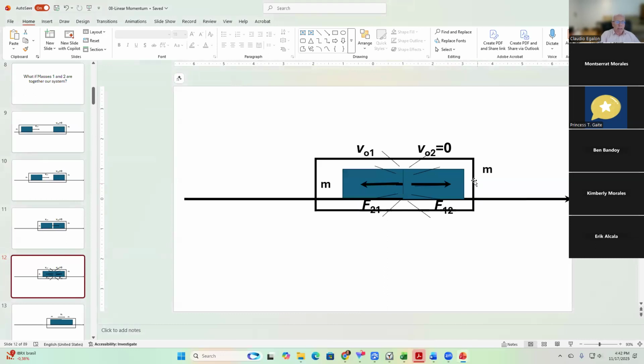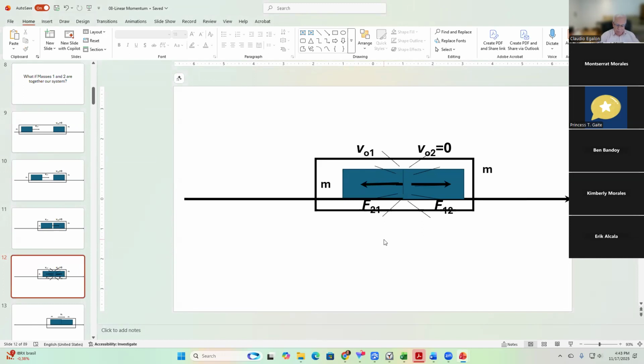And look what's happening here to the net force of the single system. The net force being applied to the single system is going to be F21 plus F12. Because they have the same magnitude but opposite directions, the net force applied to this whole system is going to be 0.